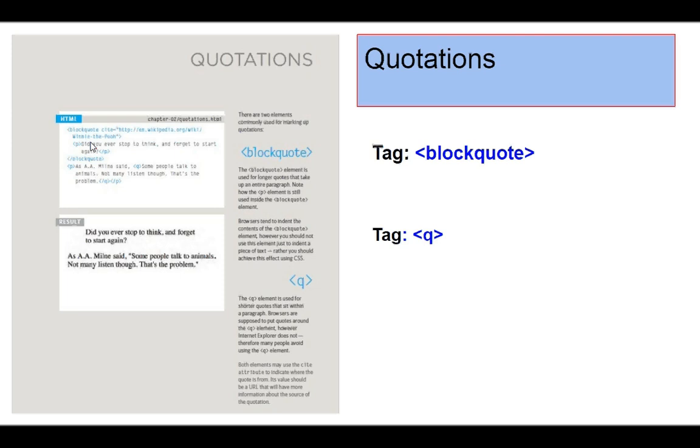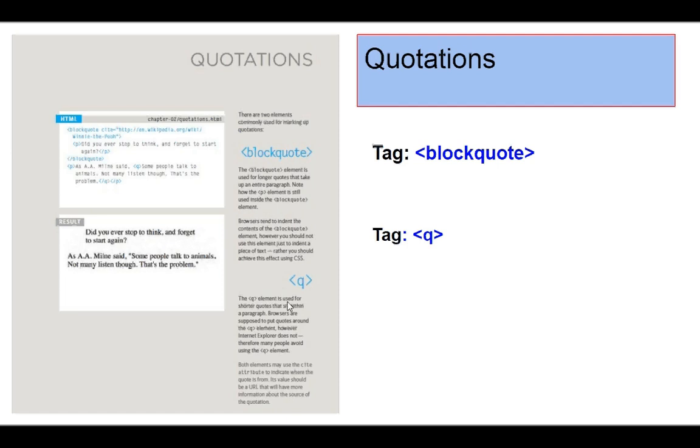So I'll not go through this example. So this blockquote is defined this way with the opening brace, and this is your attribute and this is the value. And if you want to have a quotation, a blockquote for a particular text, then we should end with the closing blockquote.